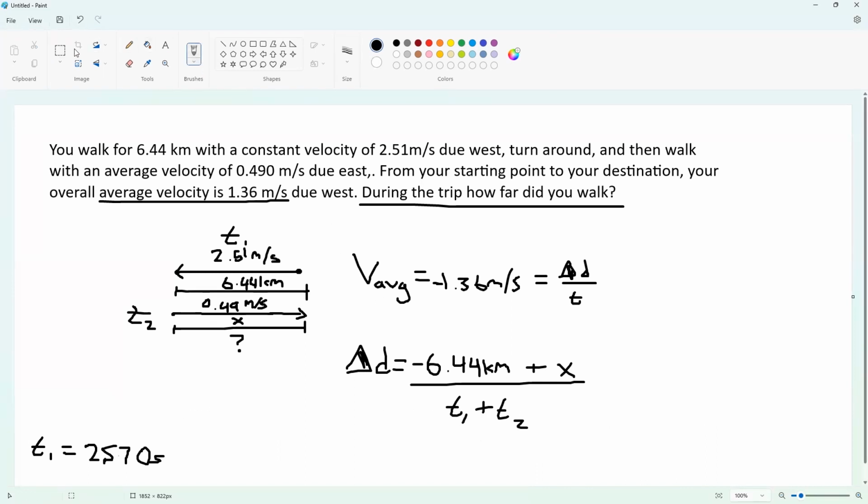We have T1, which we can replace with the number 2,570. So now we're looking for two variables here, x, which is tied to T2, x over T2. We're looking for those. Any ideas on how to find it?